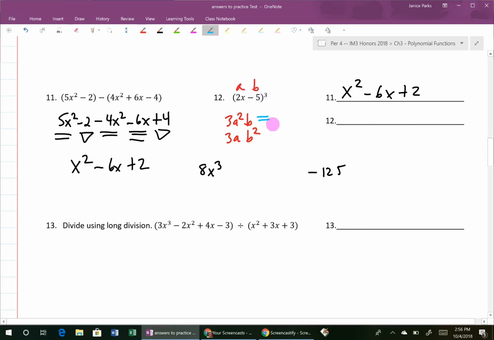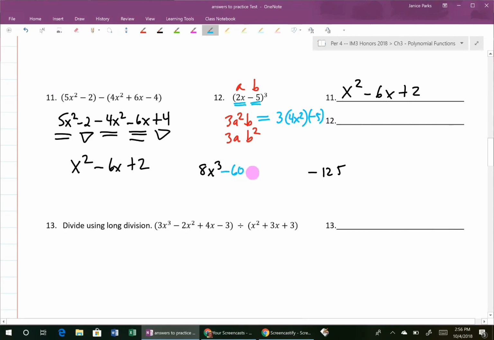So for the first part, I have 3 times a squared, which makes it 4x squared, times b, which is negative 5. So that gives me 20 times 3, excuse me. So 5 times 4 is 20, 20 times 3 is 60.